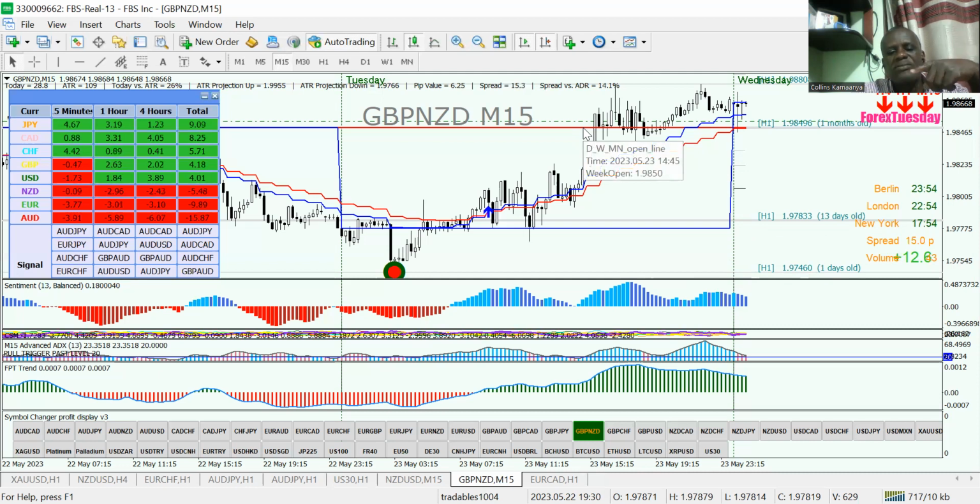So the week opened at that price, 1.98. And then they did open another one, another price. It is now 1.9868.